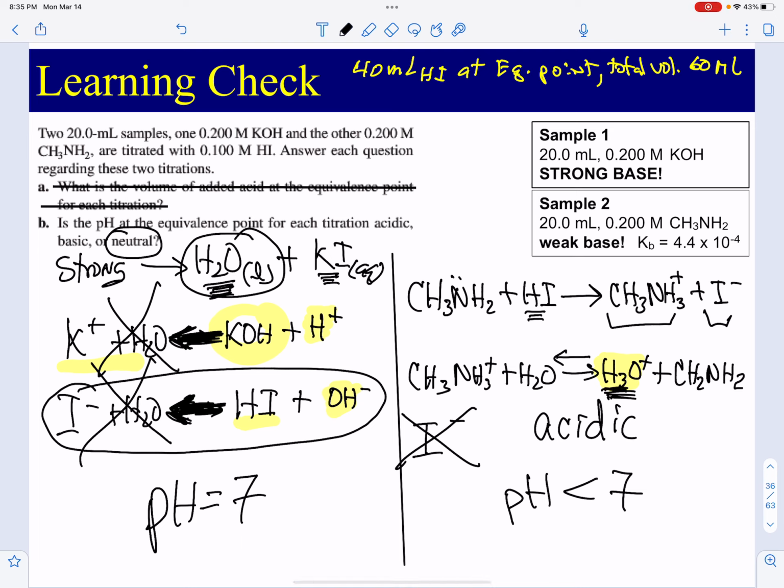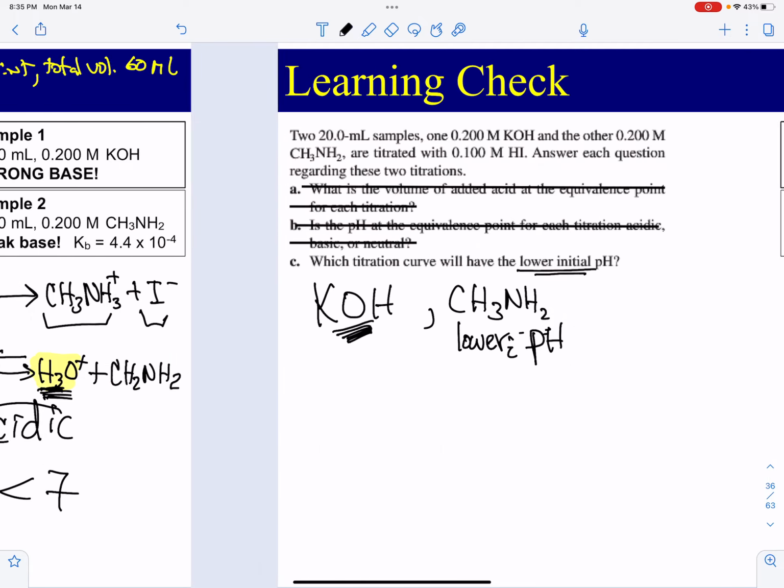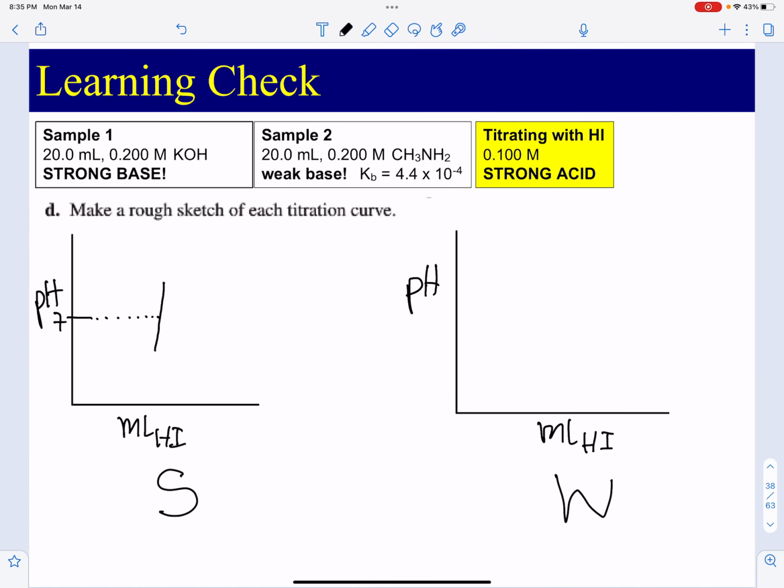The weak base is going to make the process acidic. So we know that this one is going to be a little below 7. We don't know exactly how much. We just know that it's going to be a little below. And we try to do it like that also.